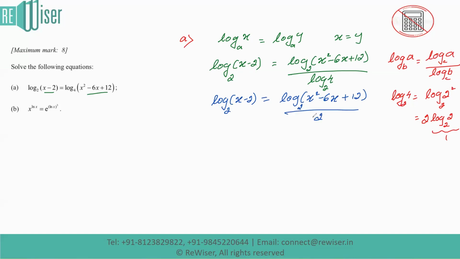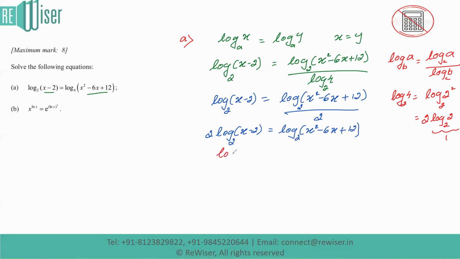If I take this 2 to the left-hand side, it's going to be 2 times log of x minus 2 to the base 2 is equals to log of x square minus 6x plus 12 to the base 2. Now if I want to take this coefficient inside the log, it's going to become the power.